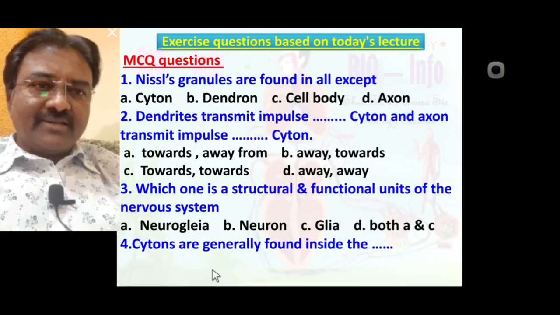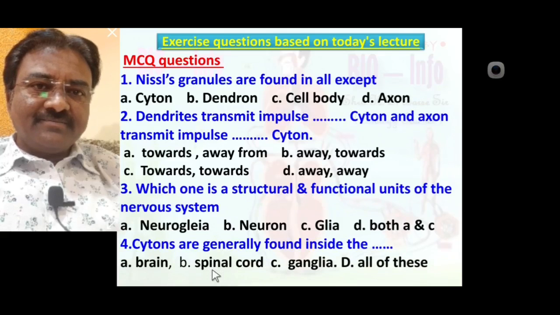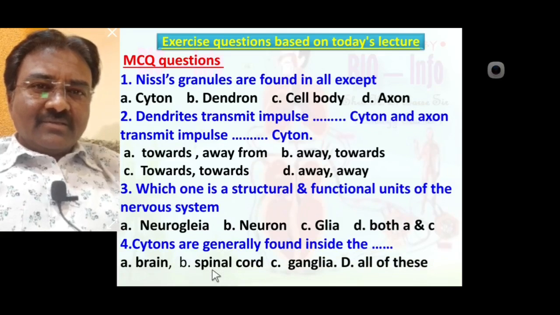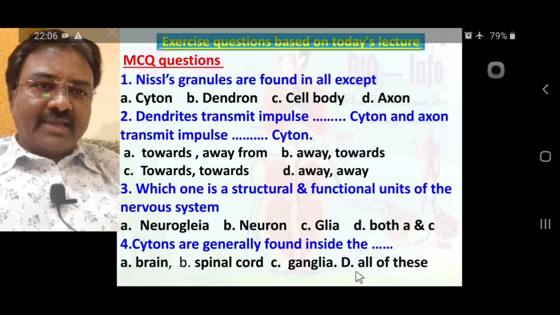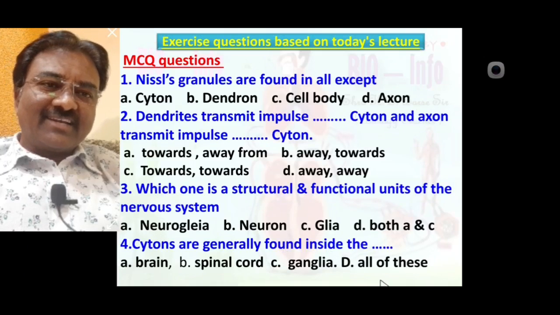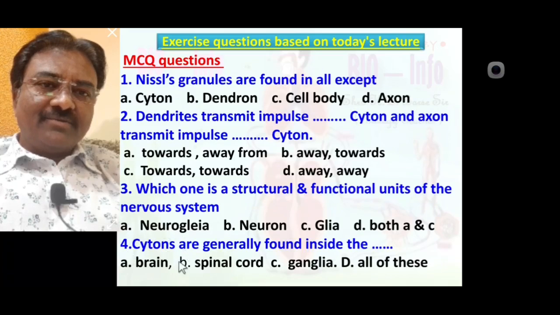Cyton are generally found inside the brain, spinal cord, ganglia, all of these. Yes, the correct answer is all of these. The cyton part of the neuron is generally found inside the brain, also spinal cord, also ganglia. So the correct option is D, all of these.